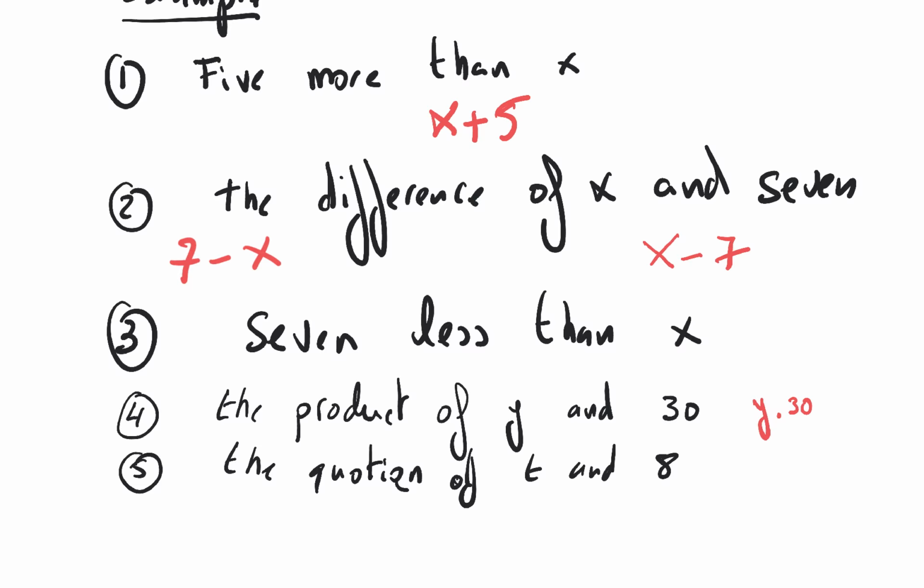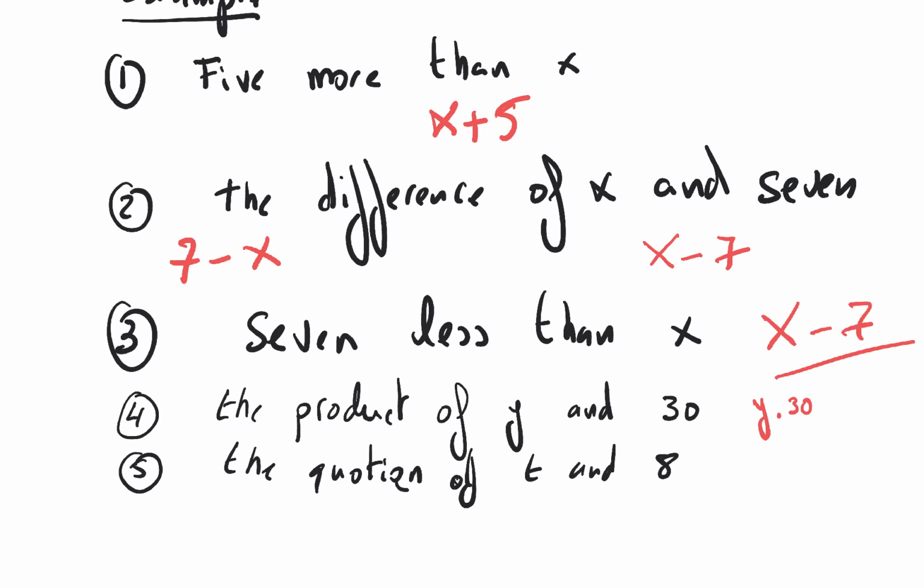And now the number 3, 7 less than x. 7 years less than your age, x. Let's say that x is your age. So 7 years less than your age. So it will be again x minus 7.